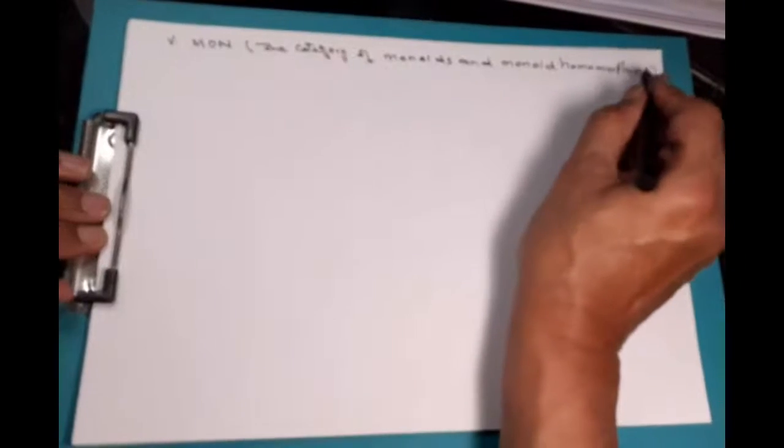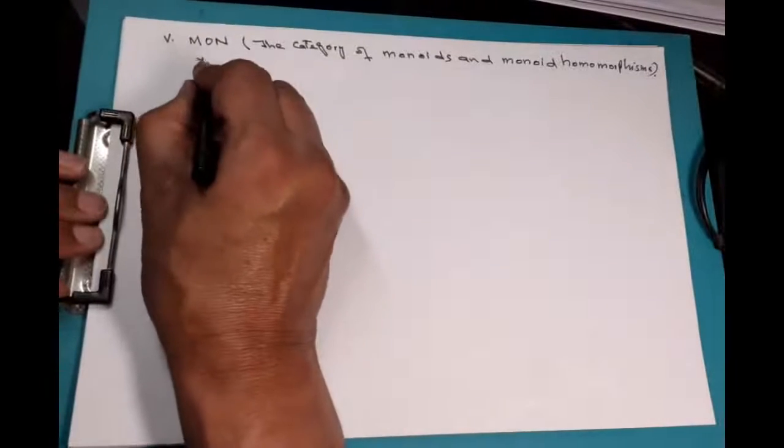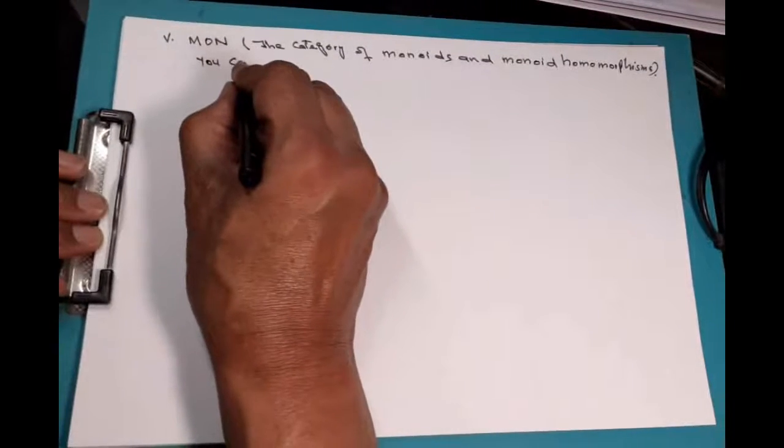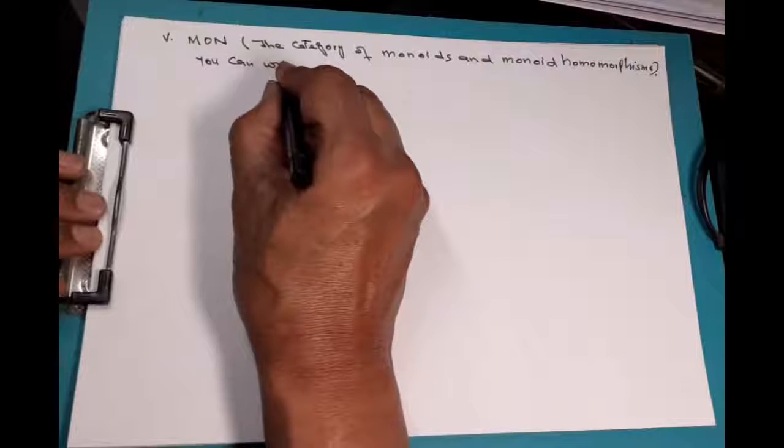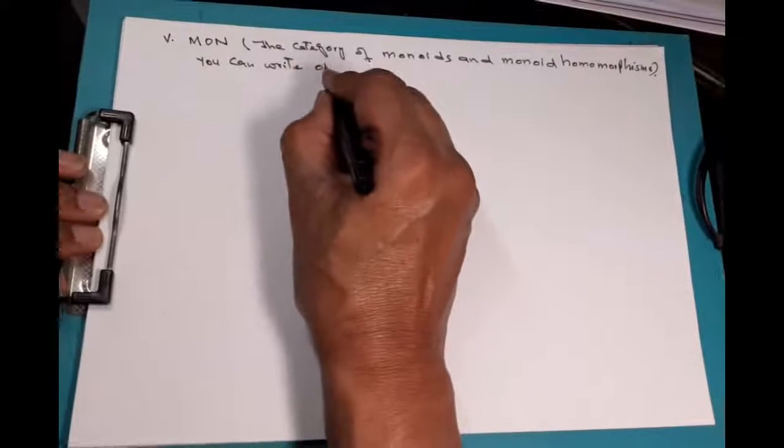So in this case, you will consider the collection of all monoids and then you will discuss the monoid homomorphisms just the same way as we have done for groups, for rings, for sets and so on. So you can write other details on your own.